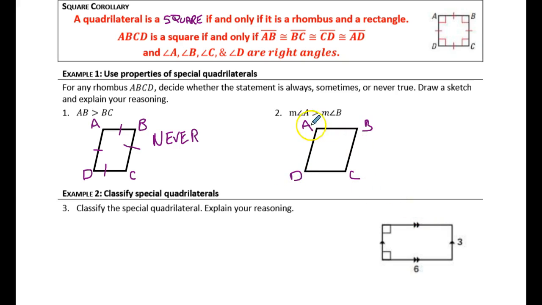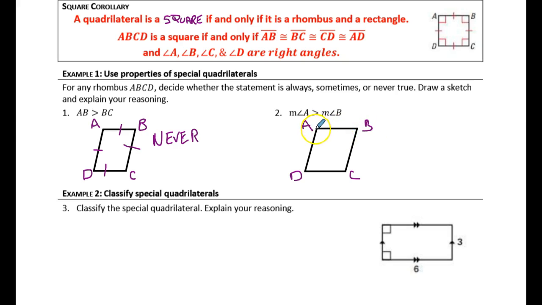and I want to know about the measure of angle A. Is it ever bigger than the measure of angle B? Well, by definition, these two angles must be supplementary. That's the definition of a parallelogram: consecutive angles are supplementary.